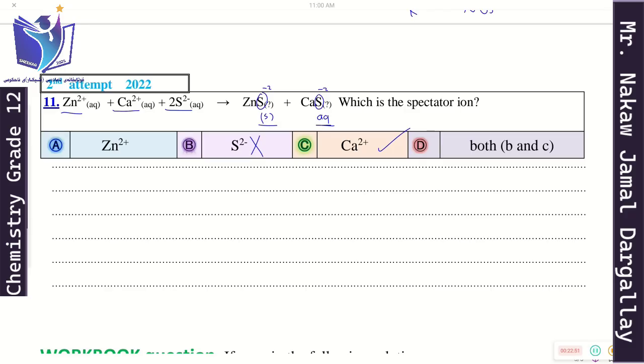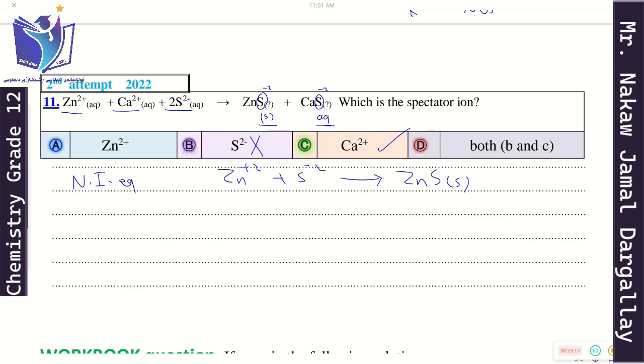I would like to explain this question more. To find the net ionic equation, we can find it from the insoluble product directly. That means from the ZnS: Zn2+ and S2-.